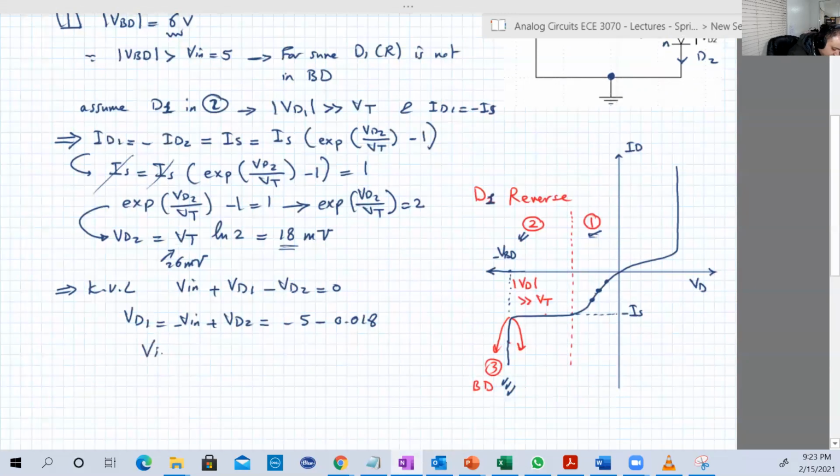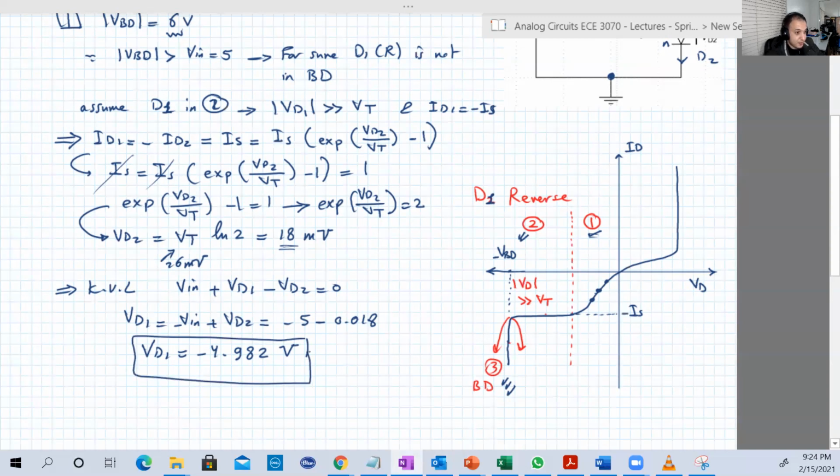So this gives us VD1 equal to, let me check my solution here, yeah, minus 4.982 volt, as the magnitude is much larger than VT.